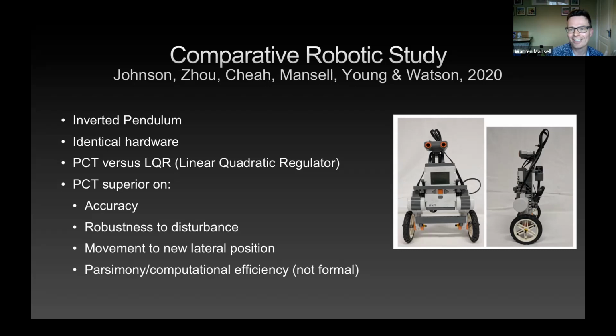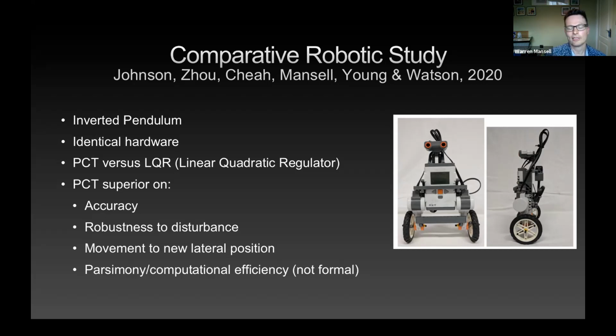The idea is that we had identical hardware. We also did this in simulation where the physical system was the same, but we switched the controller from a PCT one to a current one used in engineering, called the linear quadratic regulator. And we compared the performance of the two.